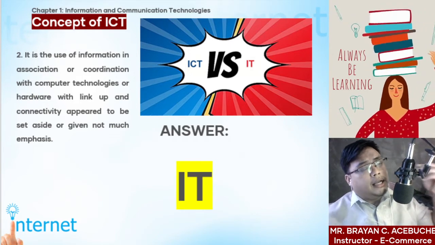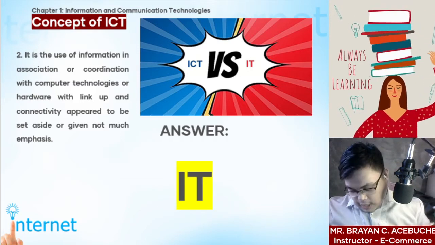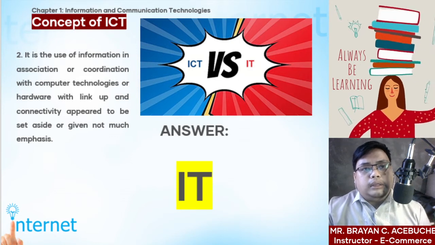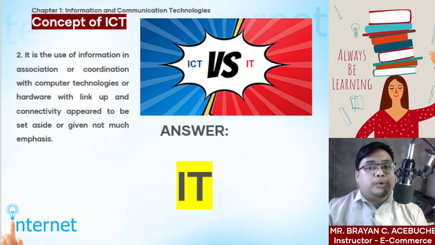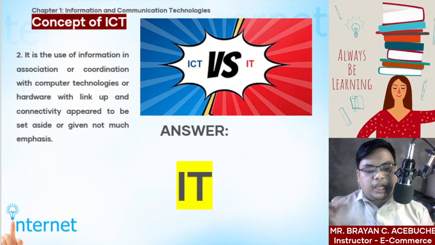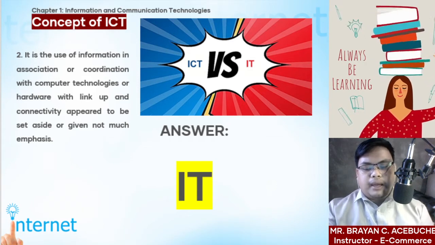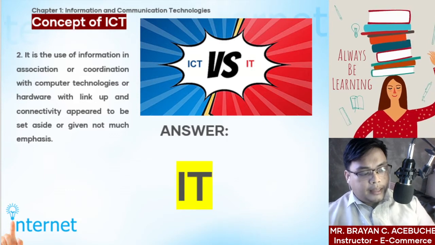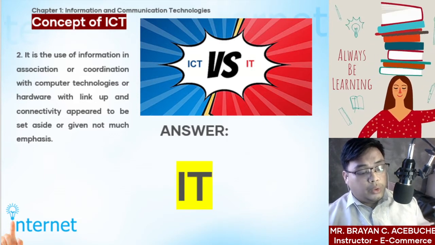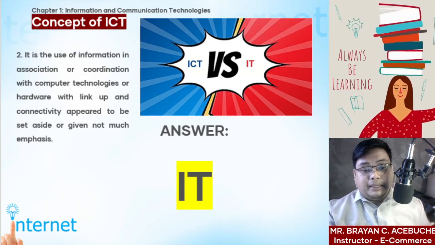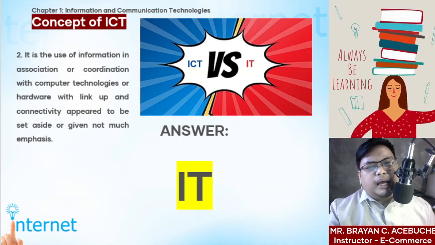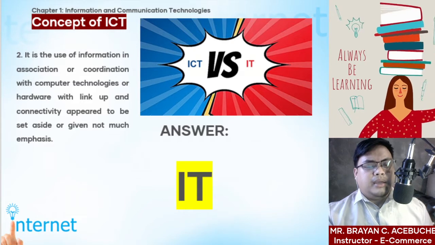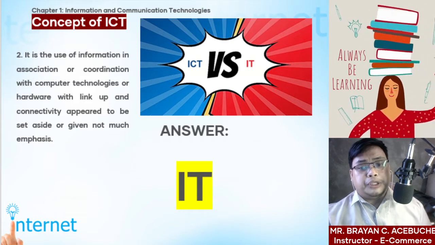That's why, kagaya nga kanina, kung naalala ninyo yung ating diagram kanina, the release of computer really changed everything. Napakaraming nabago, especially in the business sectors or in the business world. That's why ang ICT is considered ng marami as one of the business strategy nila.